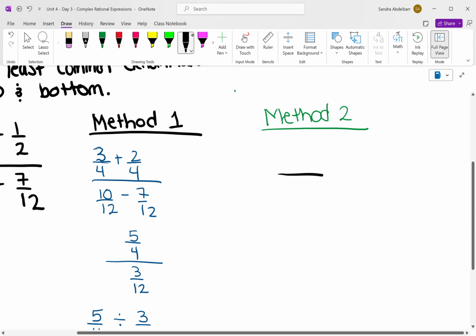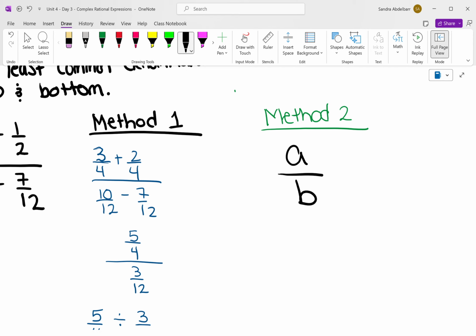Now, don't write this down. But if I have a over b, right? Or let's use some real numbers so it makes more sense to you. I'm keeping it real simple so it makes perfect sense to you. If I have a half and I multiply the numerator and denominator by the same number, say 2, I get 2/4, right? 2/4 is the same as a half, right?